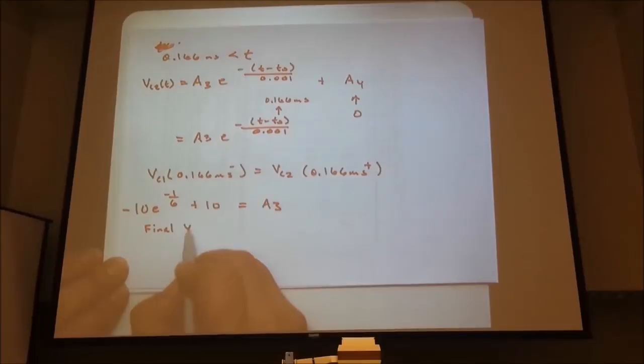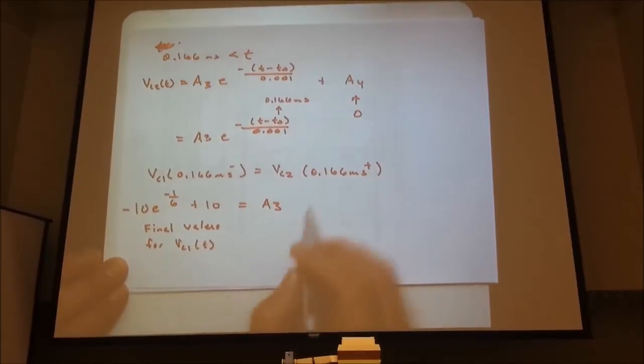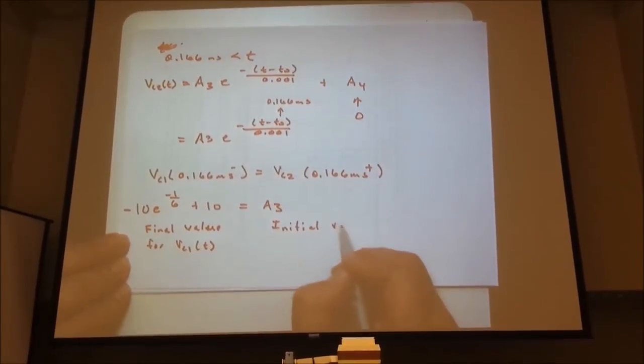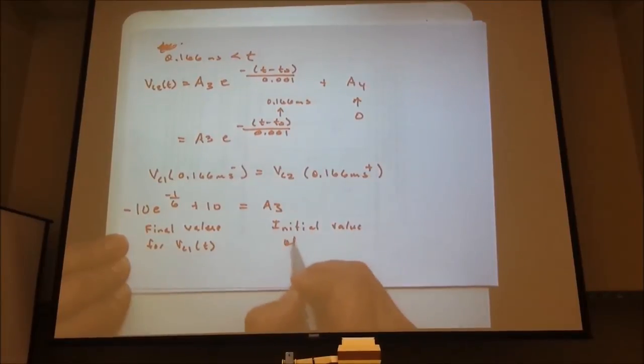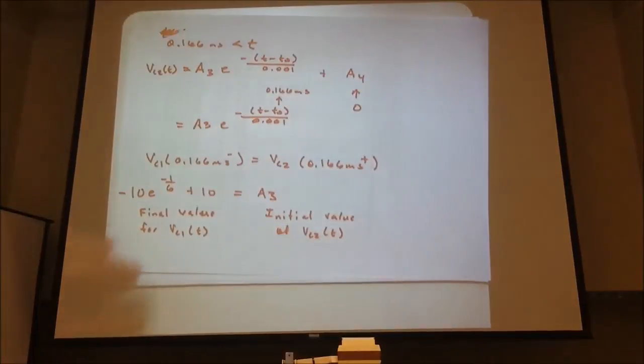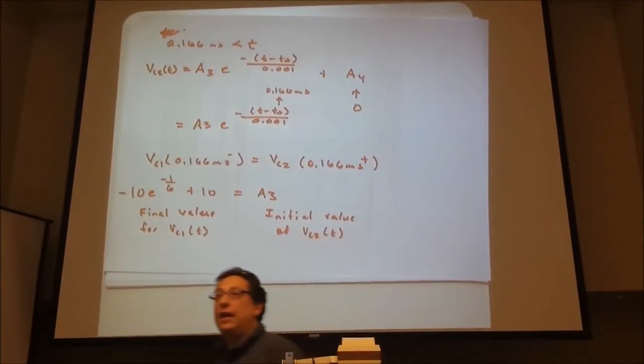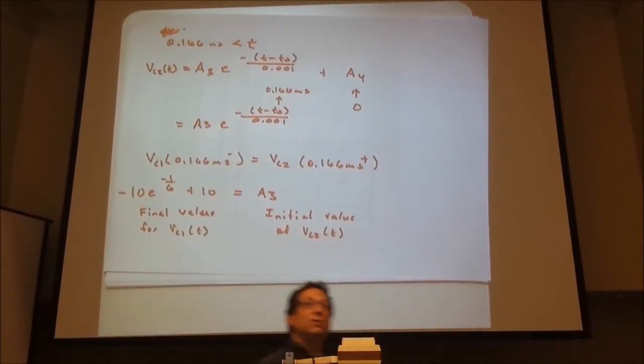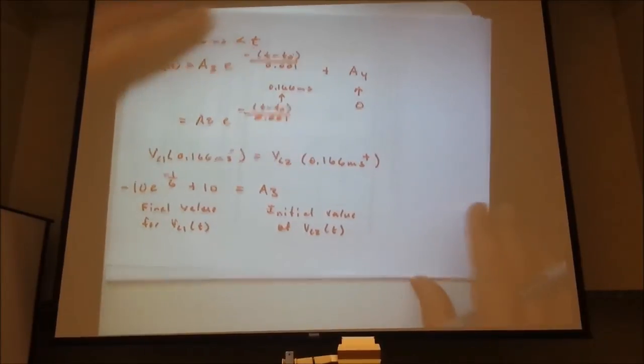So here's the final value for VC1 of t. And here we have the initial value of VC2 of t. And by coincidence, in this particular case, A4 is 0. A4 could have been non-zero if we had a DC steady state source, of course, we would include that. In this particular case, A4 is 0.